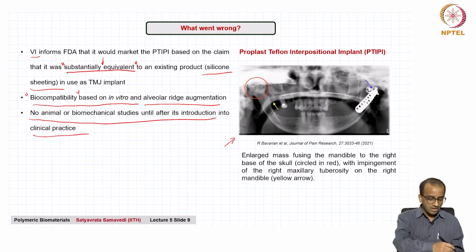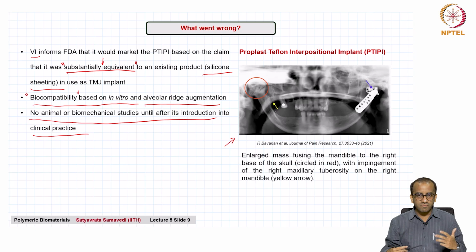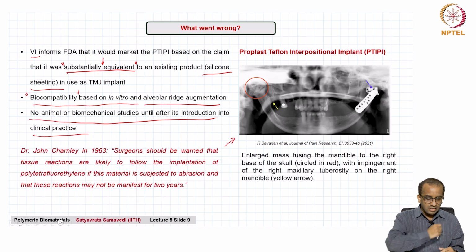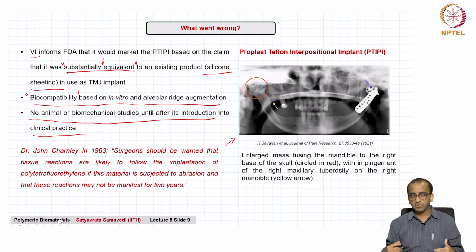And just as a bolt from the past, if you recall Dr. John Charnley, who was looking at hip implants, and he was trying out PTFE initially, and it had not worked very well, and that's then how he moved to ultra high molecular weight polyethylene.